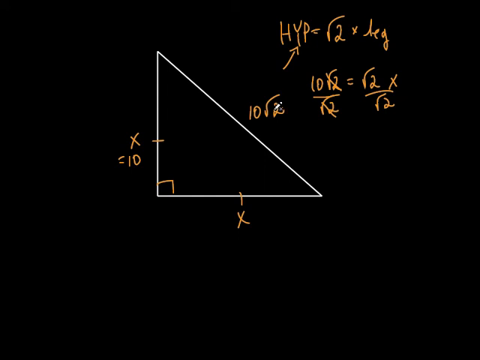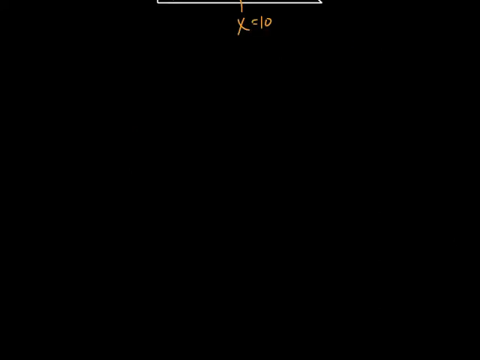But if I'm given the hypotenuse, how do I find the leg? I divide by the square root of 2. So it looks kind of complicated when they give you a hypotenuse like that, but it's actually pretty easy, especially if they put a square root of 2 there. Just divide it by square root of 2 and you got your leg. So if that's 10, that's got to be 10 as well. Does that look all right?